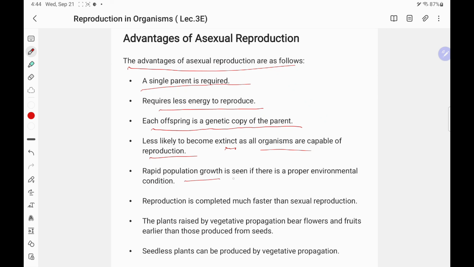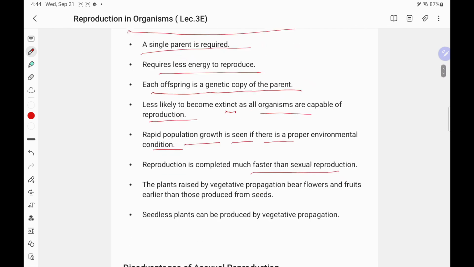Rapid population growth is seen if there are proper environmental conditions. If the environmental condition is favorable, the population grows massively and rapidly by this process. Asexual reproduction is completed much faster than sexual reproduction.